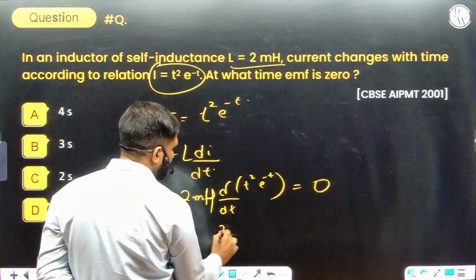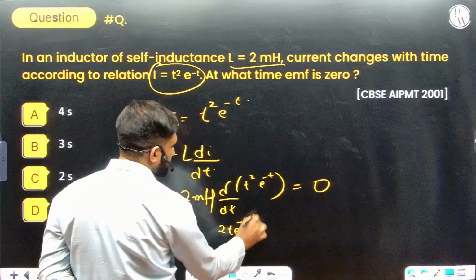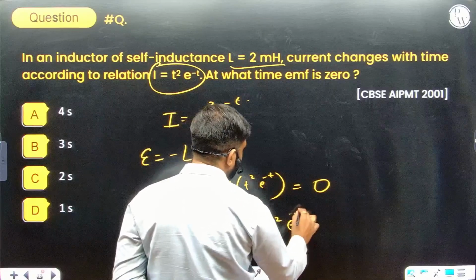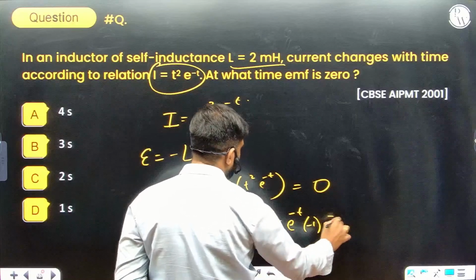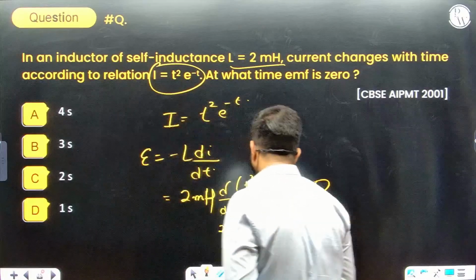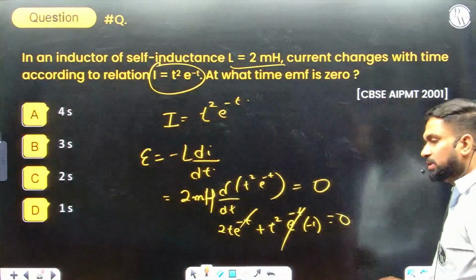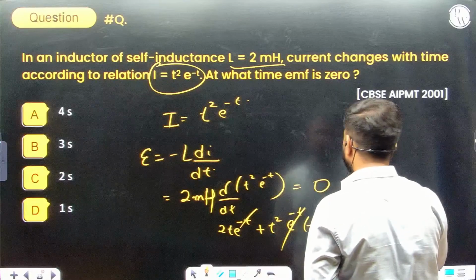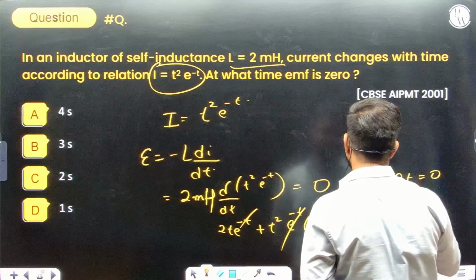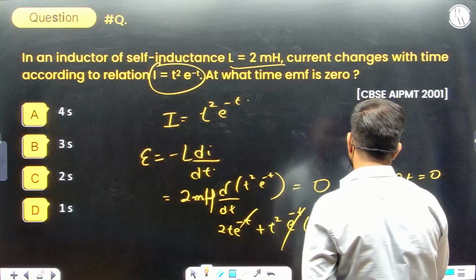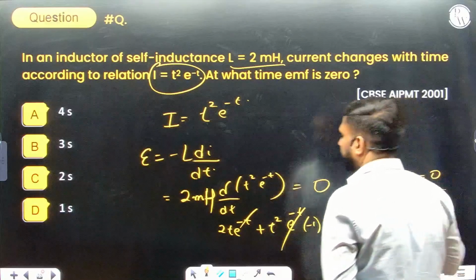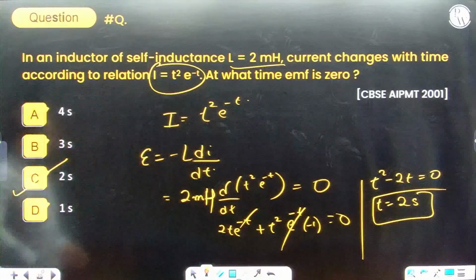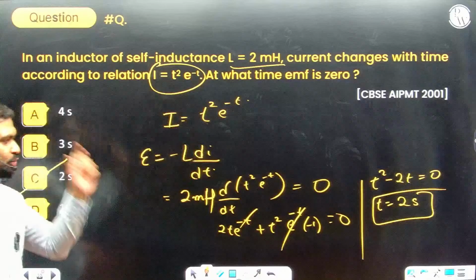Differentiating this will give me 2t e to the power minus t plus t square e to the power minus t and minus 1 here, that is 0. So e to the power minus t can be easily cancelled, it's definitely non-zero. So what do we get? t square minus 2t is 0. t is non-zero, so t is equal to 2 seconds. Easy problem or not? Not that easy, but again if you know the concepts properly, you can get the answer.